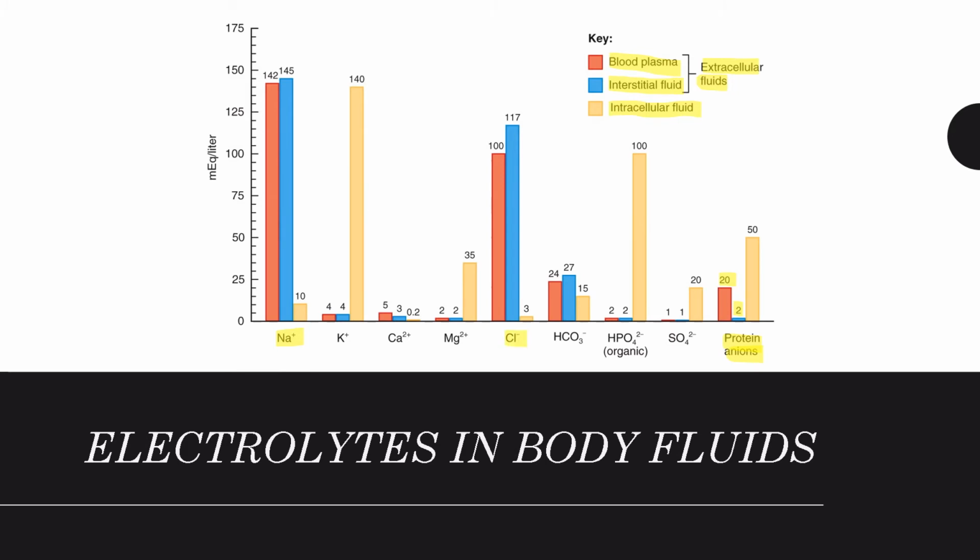So we can see the red and blue for those two extracellular fluids are highest in the sodium and chloride compared to the intracellular fluid levels here. Now in intracellular fluid, the most abundant cation is potassium, much, much higher here than in the extracellular fluids. And the most abundant anions are going to be proteins and phosphates.